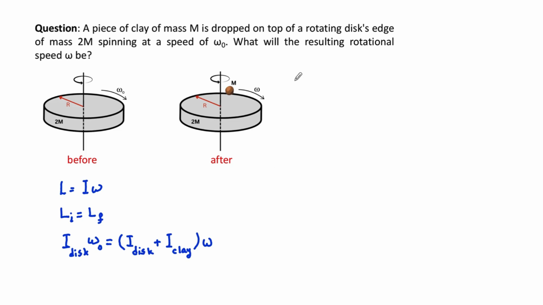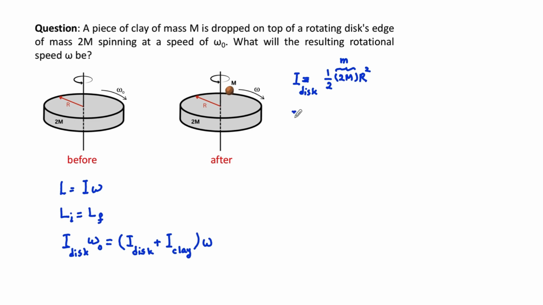So I for the disk, from the formula that we have for different objects, is 1/2 times 2m, the total mass for the disk, times the radius r squared.